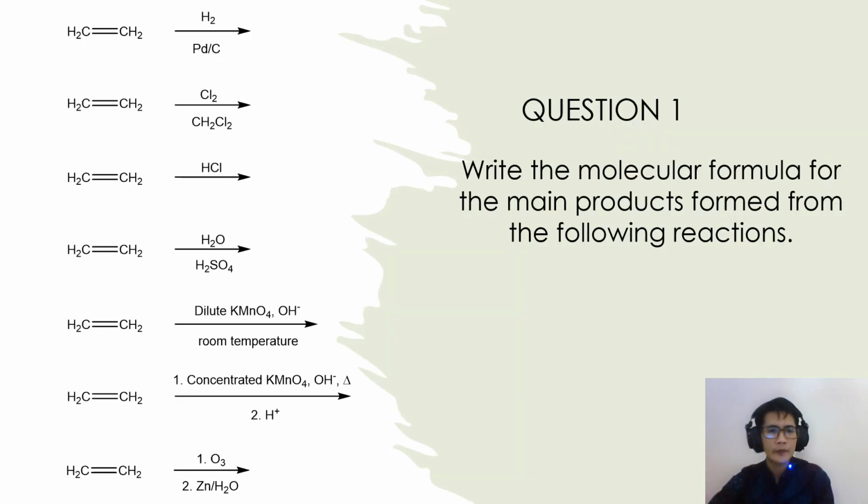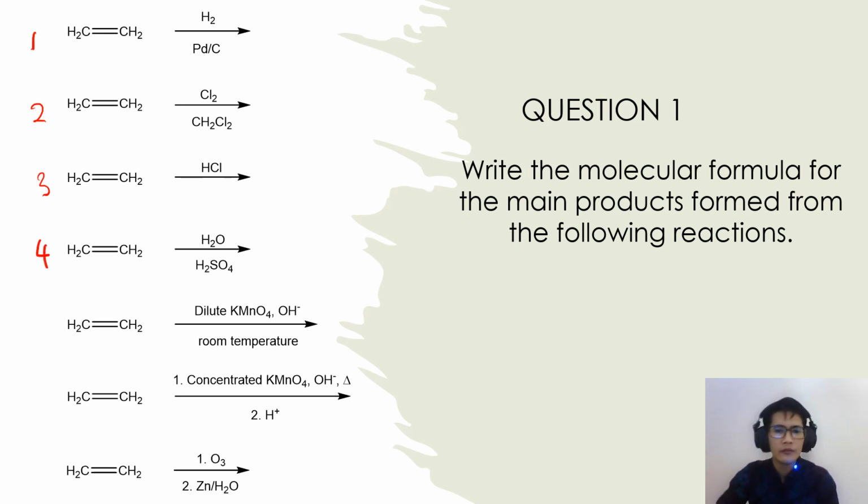Alright, so let's go for question number 1. Write the molecular formula for the main product from the following reaction. If you can see here, we have 7 reactions that we want to discuss. Reaction number 1, 2, 3, and 4 is the addition reaction.